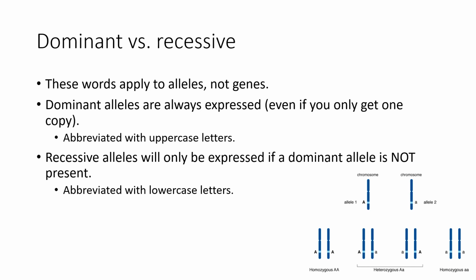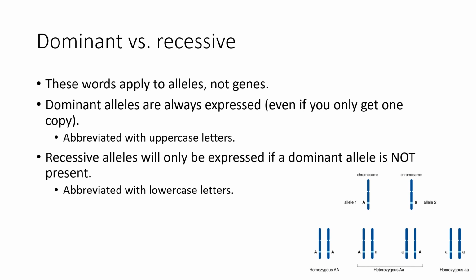Recessive alleles, on the other hand, can hide behind dominant alleles, and so unless a person has two copies of a recessive allele, you might not know that they carry that recessive allele. The other note on this slide that's going to be pertinent as we start running through problems: dominant alleles are abbreviated with capital or uppercase letters like capital A or capital P.